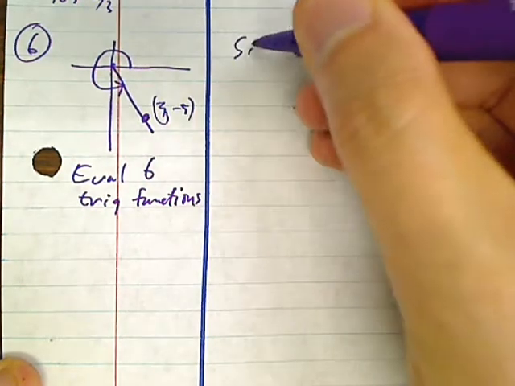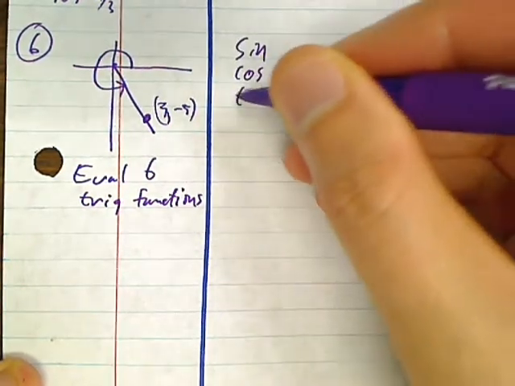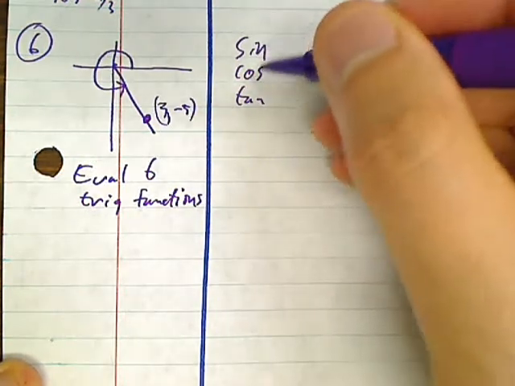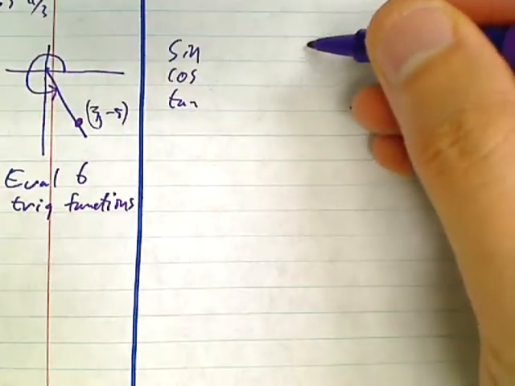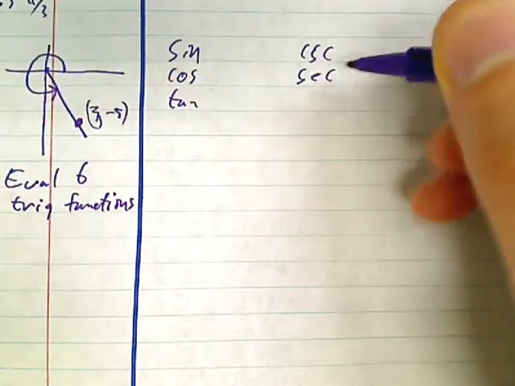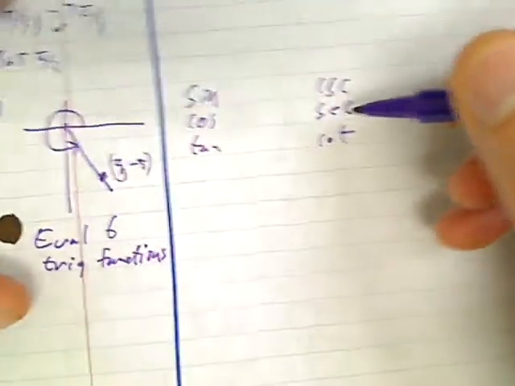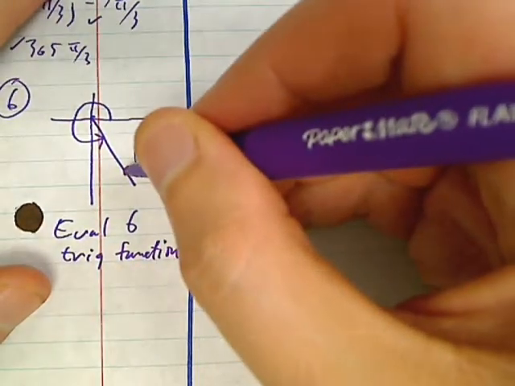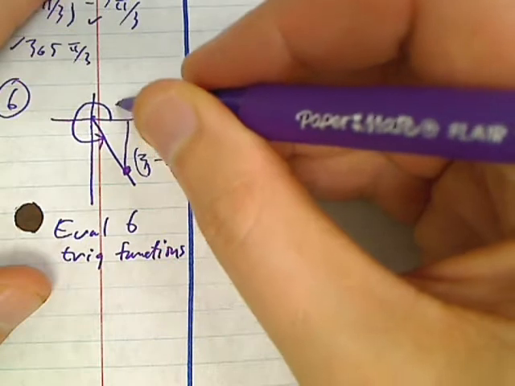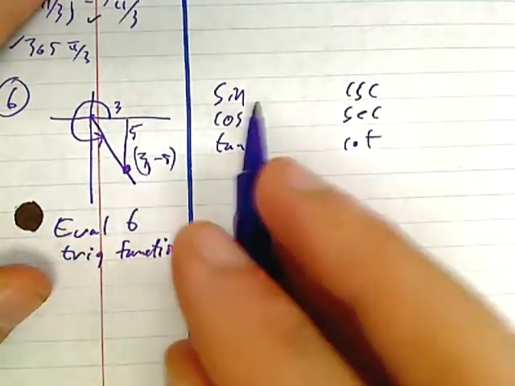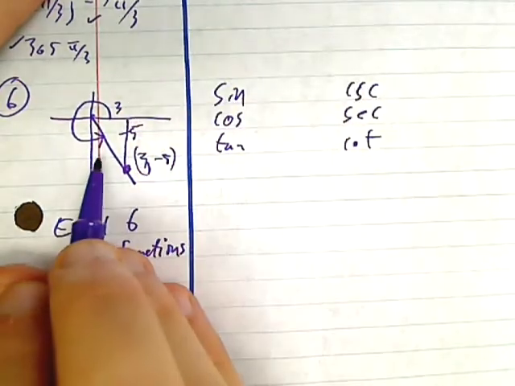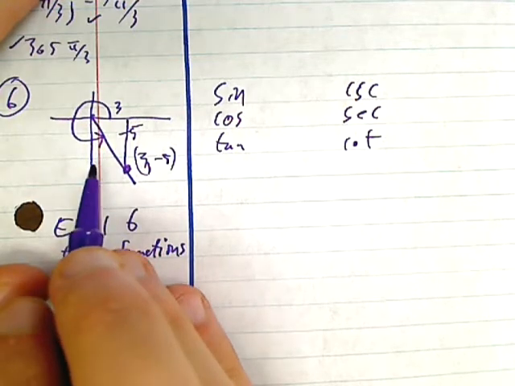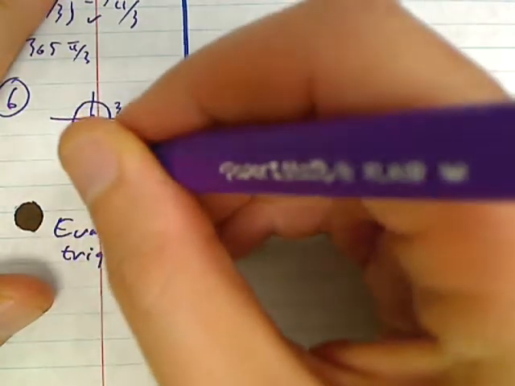Alrighty, the 6 trig functions: sine, cosine, tangent, cosecant, secant, and cotangent. Let me draw my triangle here. That's 3, 5. So what's this side right here? It's going to be negative 5. 3 squared plus 5 squared, take the square root of that. It's the square root of 34.